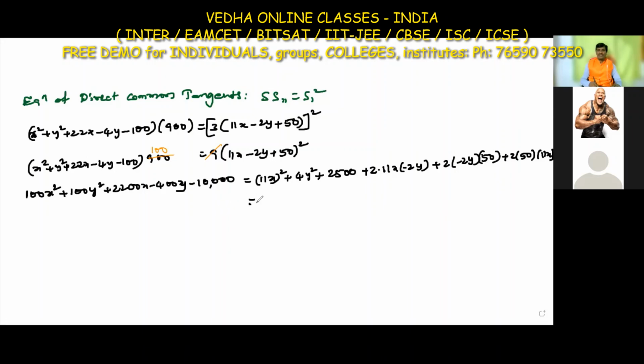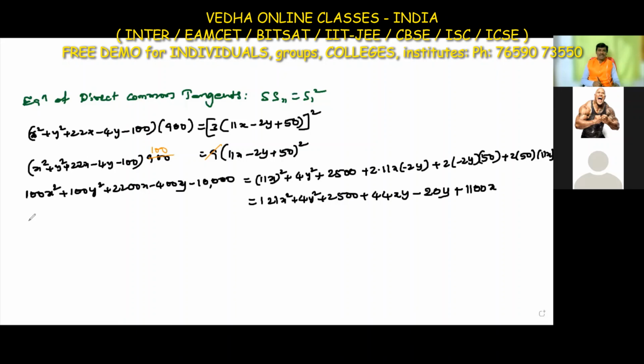Now multiply: 11 square is 121x square, plus 4y square, plus 2500, plus 2 into 4 into 11, that is 44xy, minus 2 into 4 into 5, that is 20y, plus 2 into 50, that is 100, 100 into 11 is 1100x.